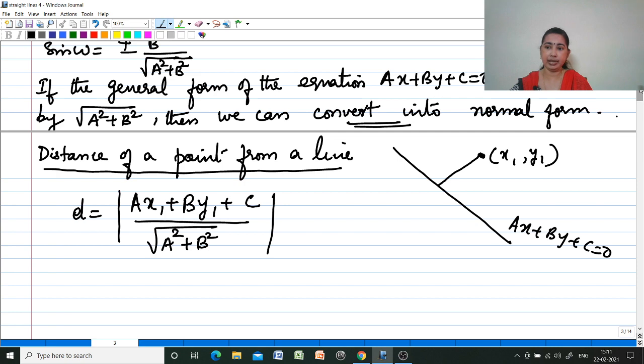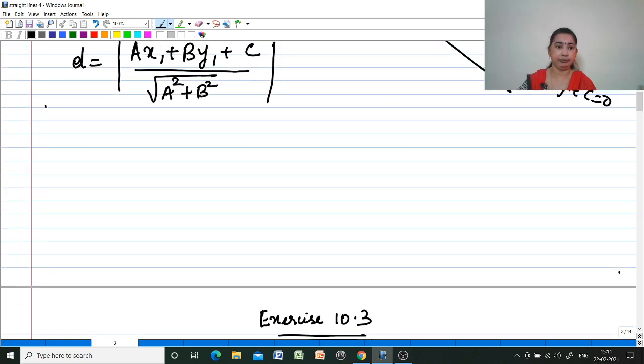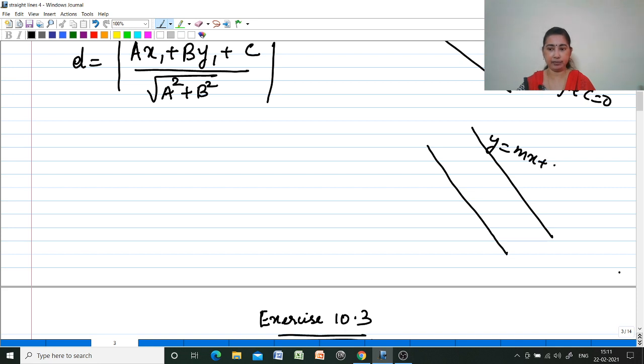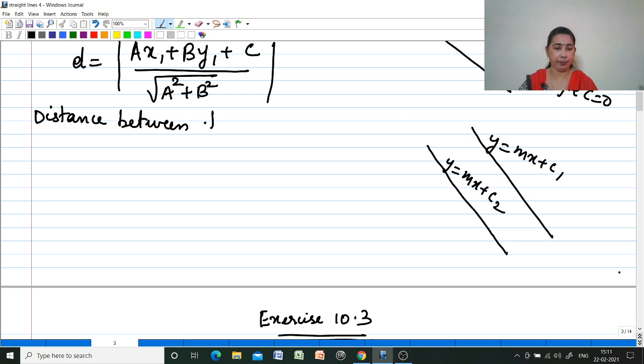Now next we have to find the distance between two parallel lines. Let these be the two parallel lines. Suppose the equation of one line is y is equal to mx plus c1 and the equation of the other line is y is equal to mx plus c2.